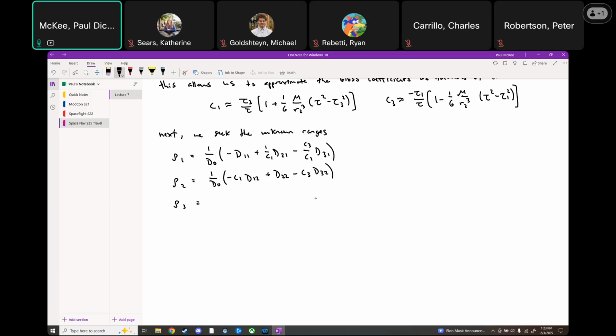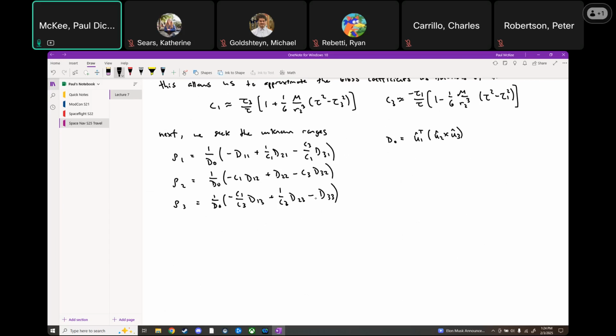And then rho 3 is 1 over d naught, negative c1 over c3 d13 plus 1 over c3 d23 minus d33. Okay, where d naught is equal to u1 dotted with u2 crossed with u3.